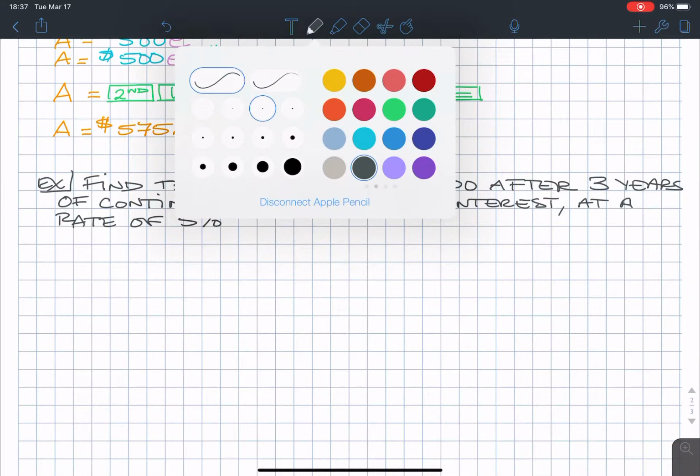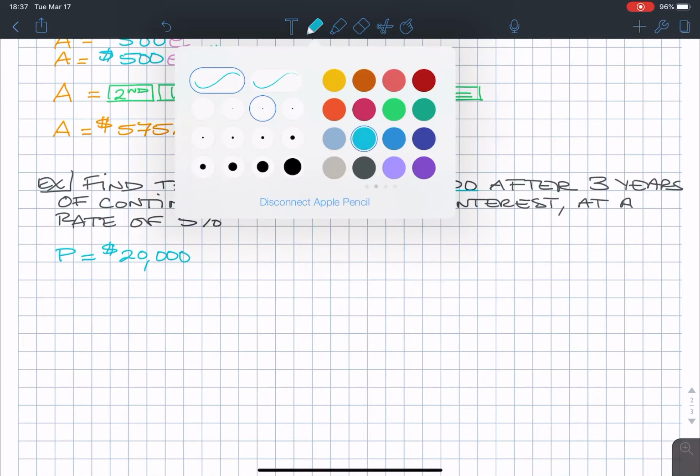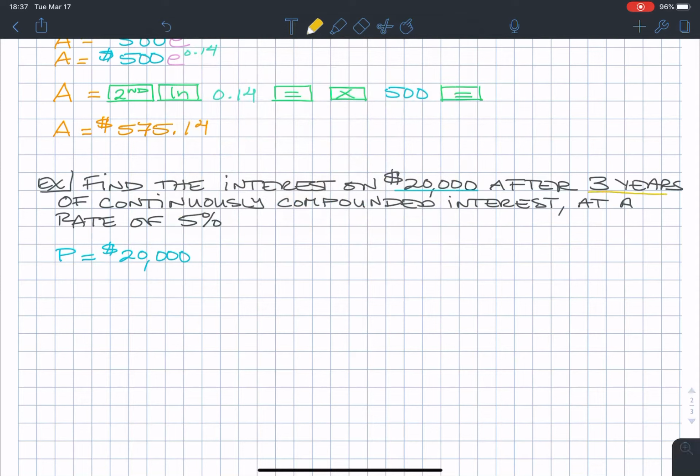Okay, so once again, let's see what we have. My principal, does everyone agree? My principal is 20,000. The time, T, is 3 years.